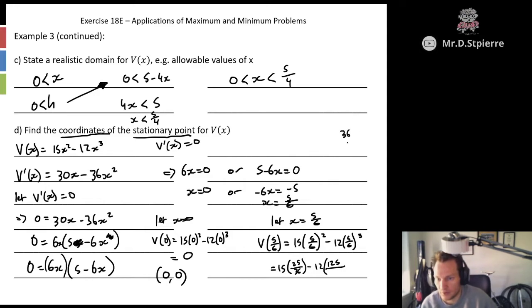Well, that's 36 by 6. 6 sixes are 36. 6 threes are 18, plus 3 is 21. 216.